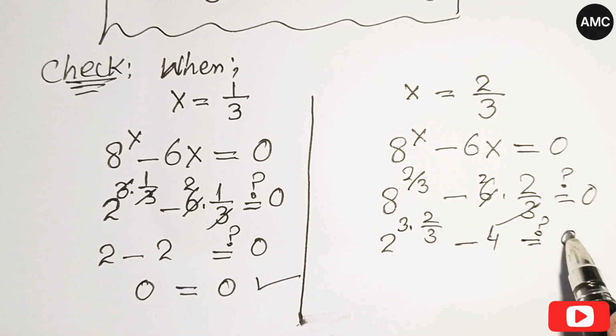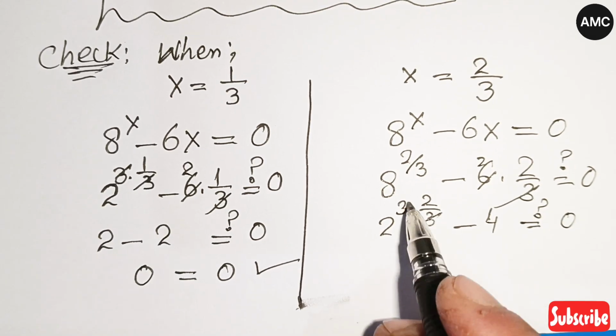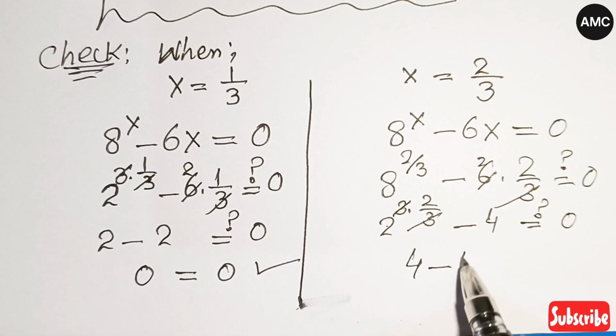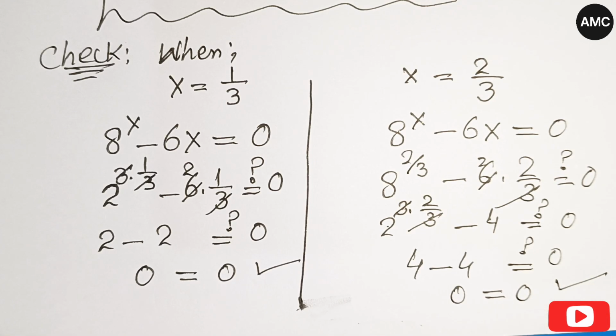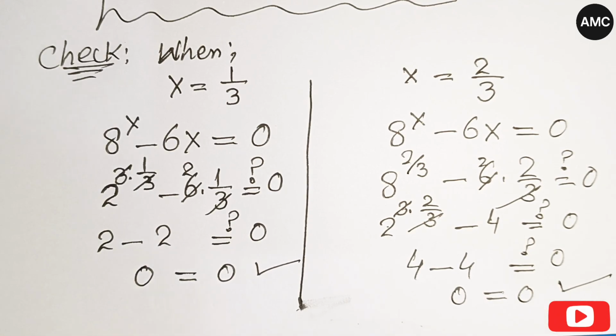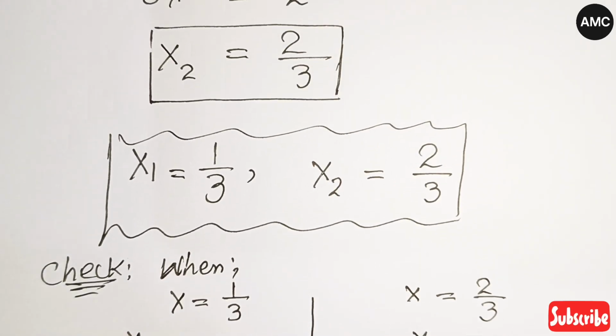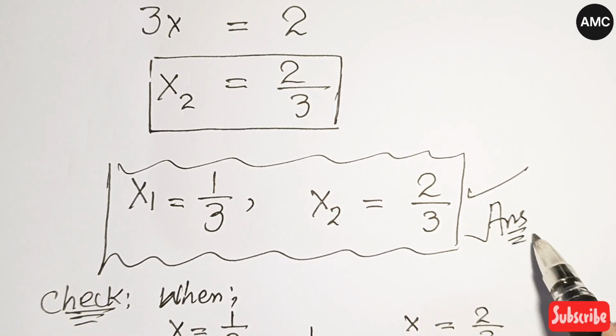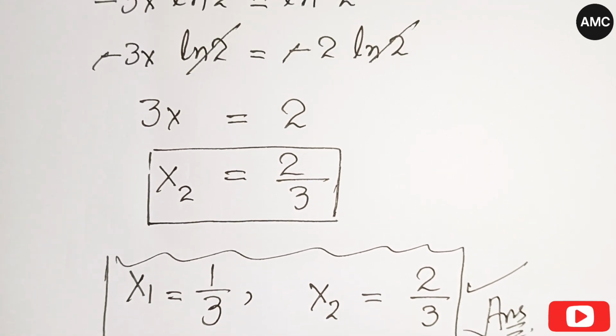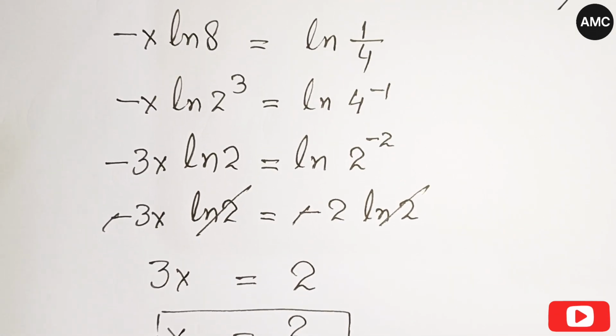The 3 is cancelled, and 2 squared is 4, minus 4. Is it equal to 0? Yes, 4 minus 4 is 0, and 0 is equal to 0. Hence we prove that these two values of x are valid for this problem. So we get our final answer that x is 1 over 3 and x is 2 over 3.